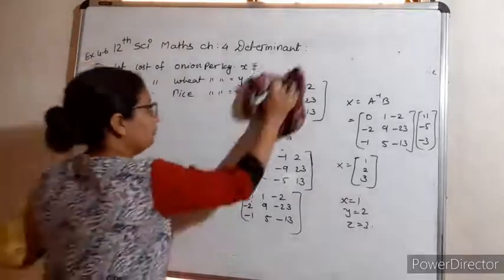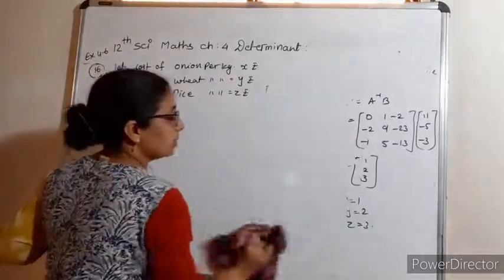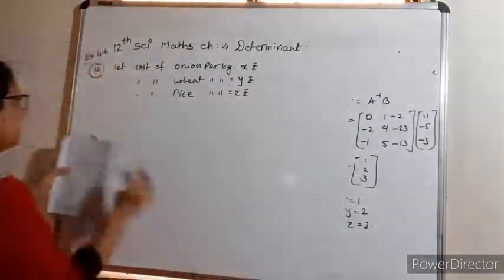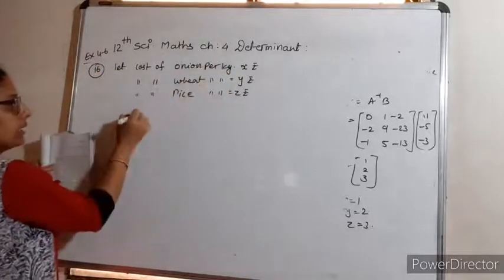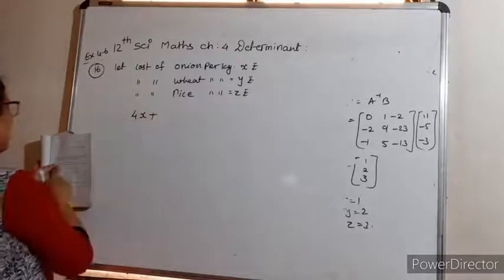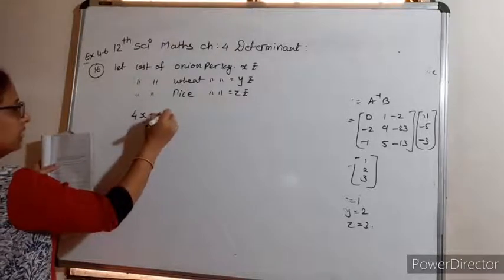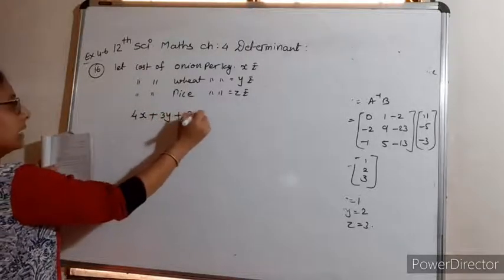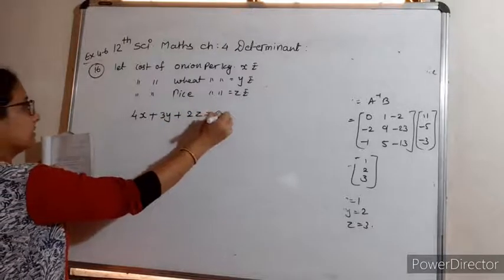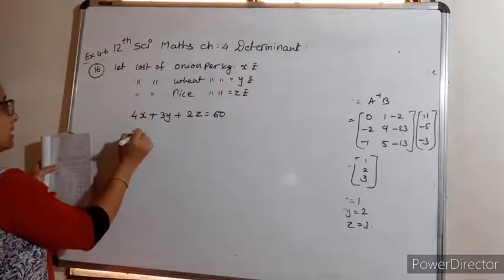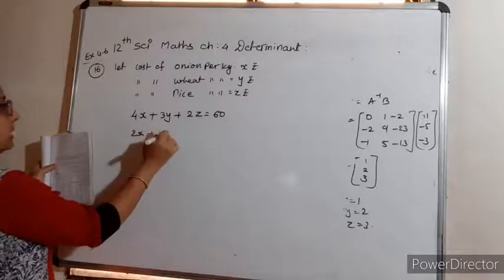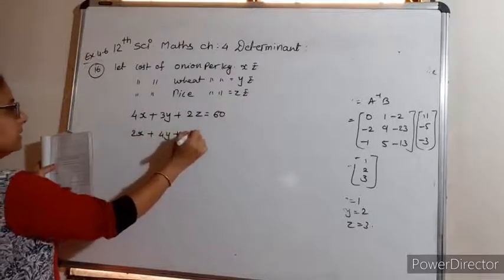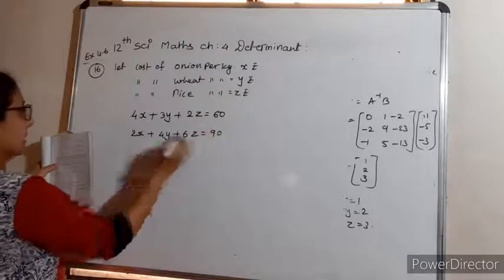So now from this, if the cost of 1 kg is X rupees, then first 4 kg onion, 1 kg X, 4 kg 4X, plus 3 kg wheat, 3Y, plus 2 kg rice is 60. 2 kg onion, that is 2X, 4 kg wheat and 6 kg rice is 90.